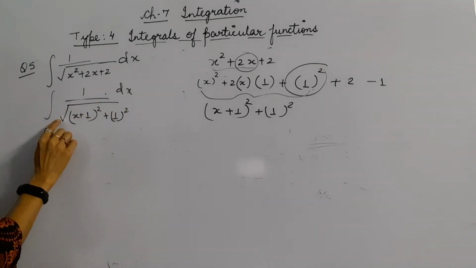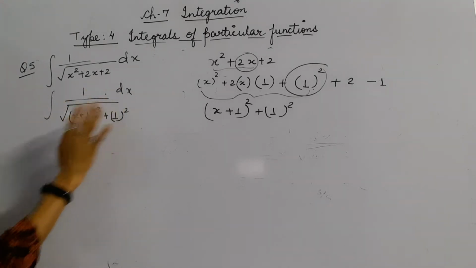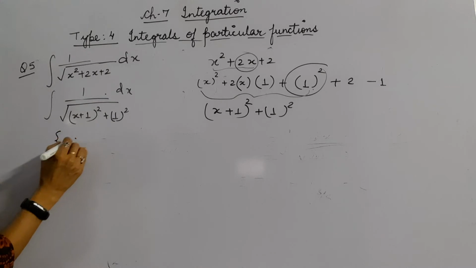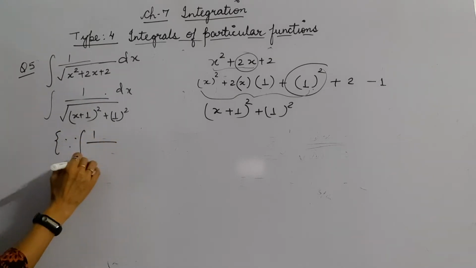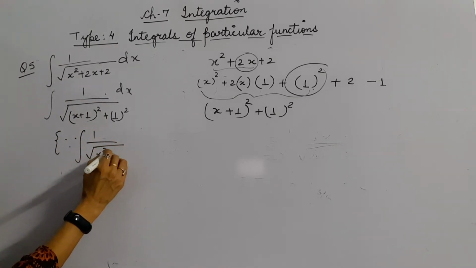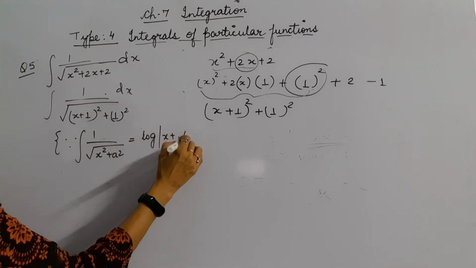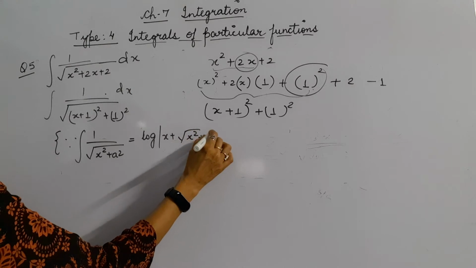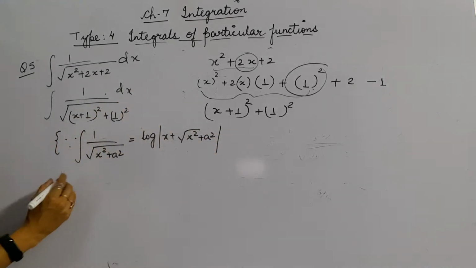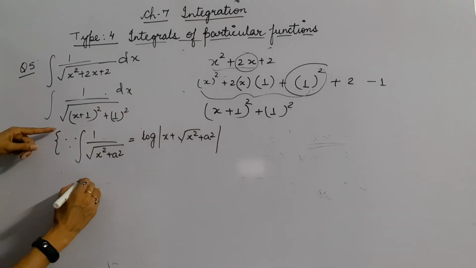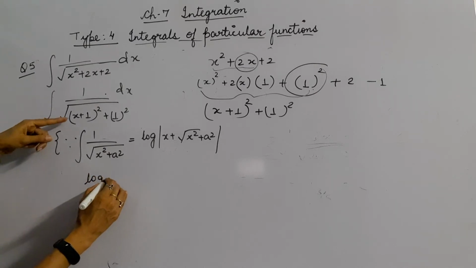Now this is of the form under root x square plus a square, and since you know if you have a formula of integration of under root x square plus a square, then it is log of x plus under root x square plus a square. So simply you have to write this formula. So integration of this will be log of x, and what is your x?